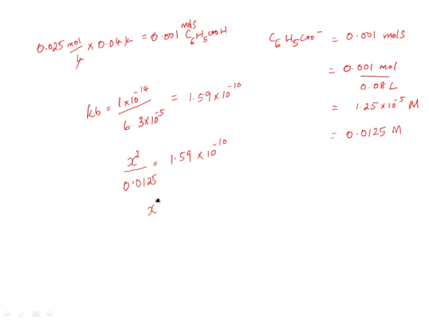So x squared is, when you multiply those two numbers, what do we get? 1.59 times 10 to the power negative 10 multiplied by 0.0125. Am I making some mistake, guys?